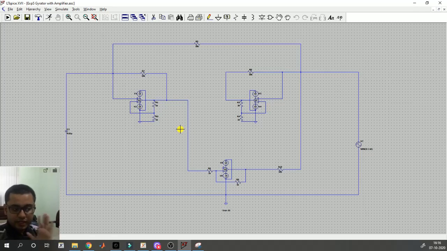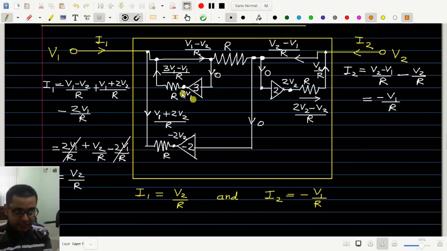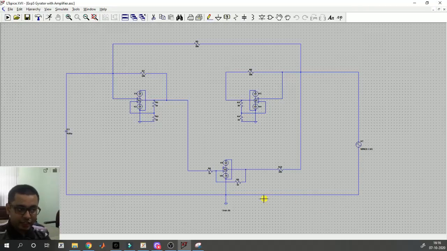You can implement any gyrator circuit you like, the one in your manual, the one I have here, or the one I taught you here, anyone, or even better if you make your own gyrator circuit. Okay, then you simulate this. Let me show how my simulation works.